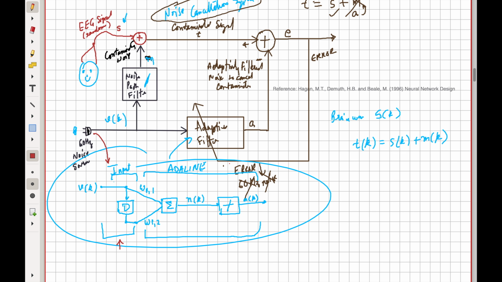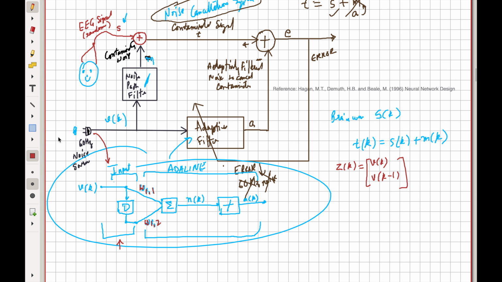So what we have here are two weights. We are assuming that we have two weights, this one W11 and another one W12, and we are assuming there is no bias in this particular exercise we are trying to do. So the ZK that we have, the input vector, consists of VK and VK minus 1, that's the delayed data.